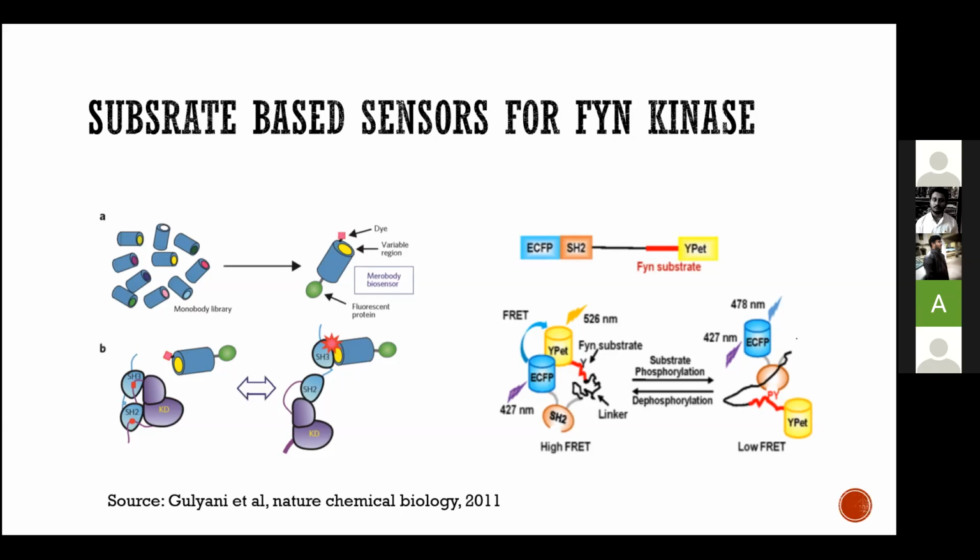This was the next kind of sensor that was made. It was made in 2011. Till then, people were just putting a fluorescent protein into the gene you want to tag and seeing it inside the cells.